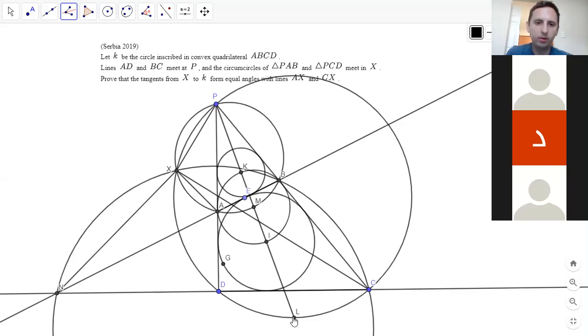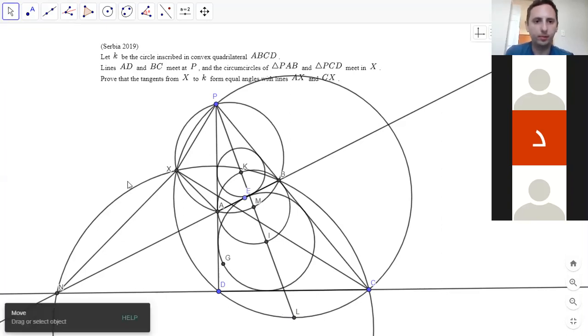We also know angle LXC is equal to angle MXB. So that's all of it. Okay, let me write it up.